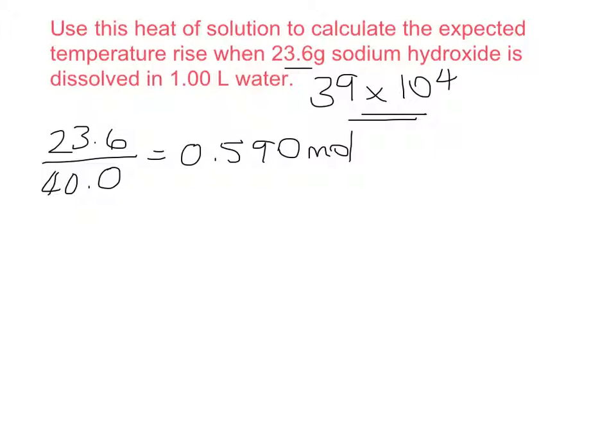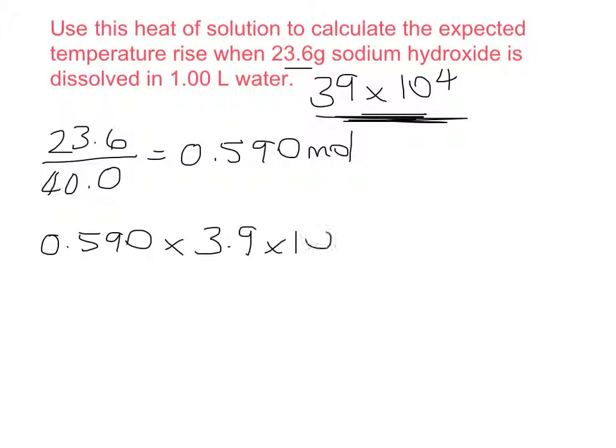This is the number of moles used, and I want to find out what's the heat released by this amount of moles. I already know what the heat capacity is because we just calculated that. So I want to put in the amount of moles that we are using, which is the 0.59, and times that by our heat capacity, 3.9 times 10 to the 4.